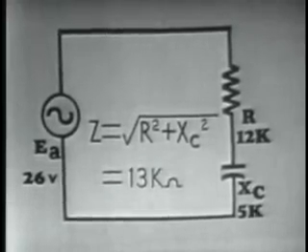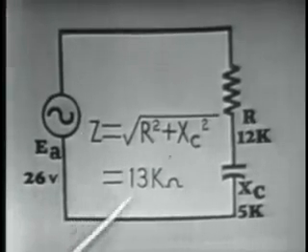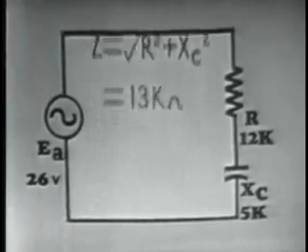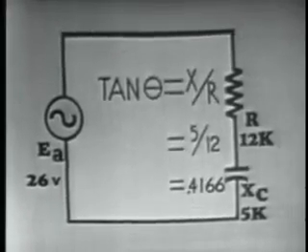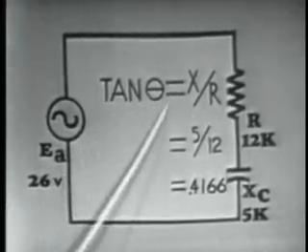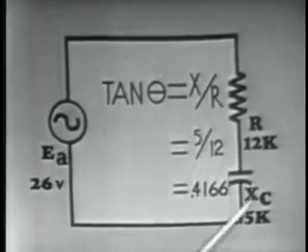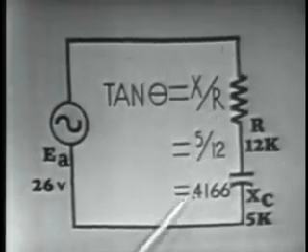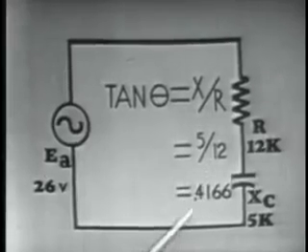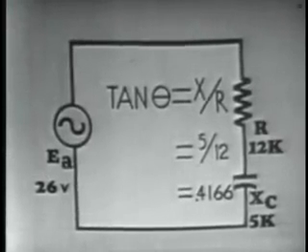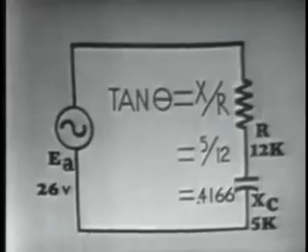To determine our impedance angle, we can use the tangent trig function, we said. The tangent of angle theta is equal to X over R, or X sub C divided by R. 5 divided by 12 is equal to 0.4166. Looking at our trig tables, 0.4166 is nearest to 0.4163.